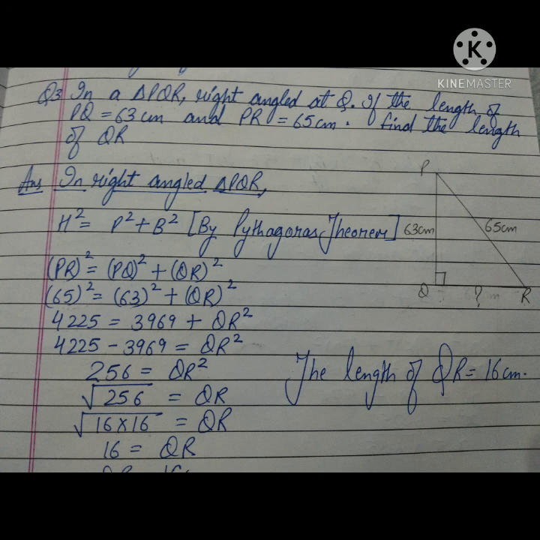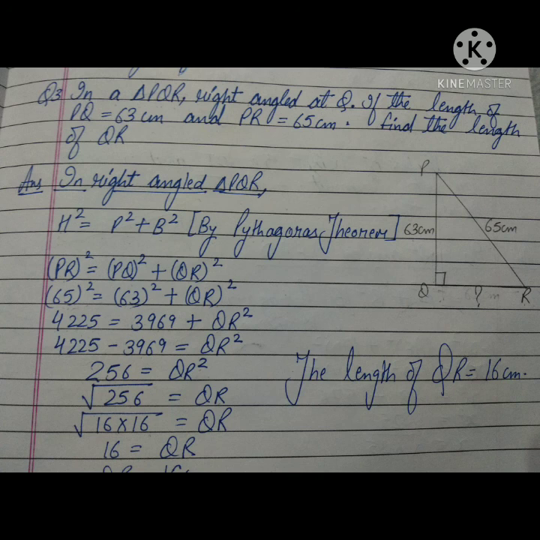So 65 square is 4225, equal to 63 square, 3969, plus QR square. So we have to subtract 3969 from 4225 because we want the value of QR. Right, so 256 is equal to QR square. On changing to the opposite side, the square becomes a square root.